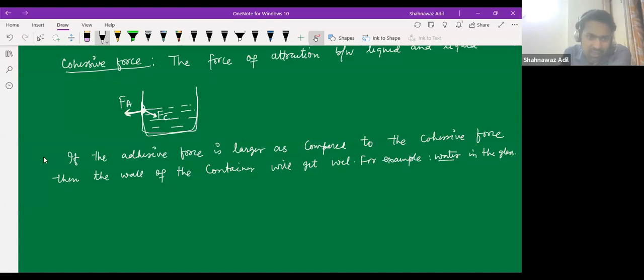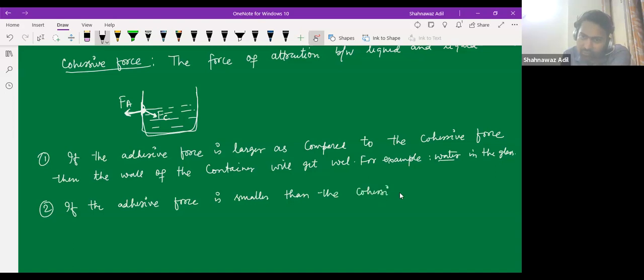And the second thing is that if the adhesive force is smaller than the cohesive force, then it will not wet the container.